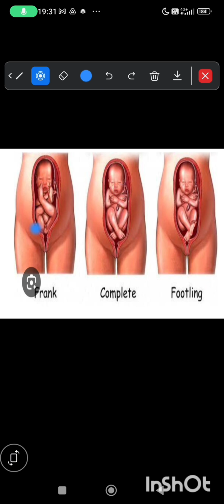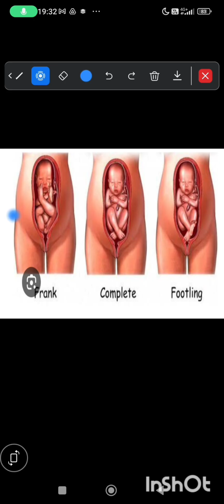And now in this image we can see buttocks are the presenting part, hips are flexed, but knees are extended. Here knees are flexed and hips are also flexed, and the fetus just sits cross-legged and buttocks are the presenting part. So that is the difference between complete breech and frank breech.